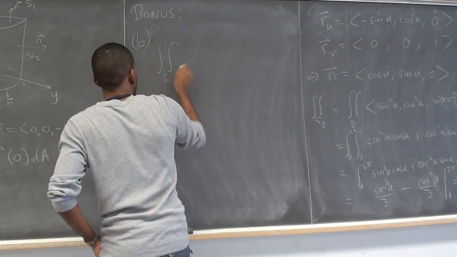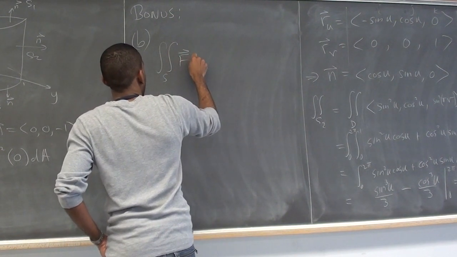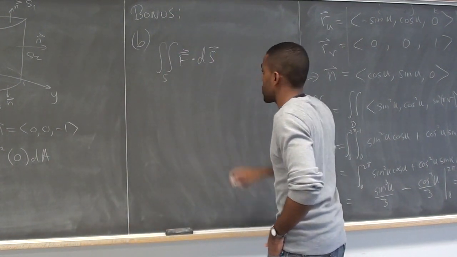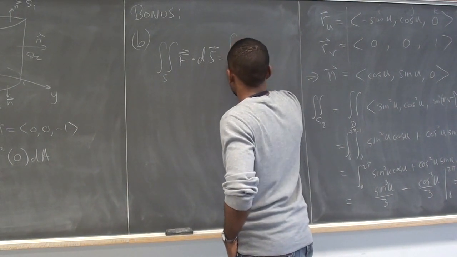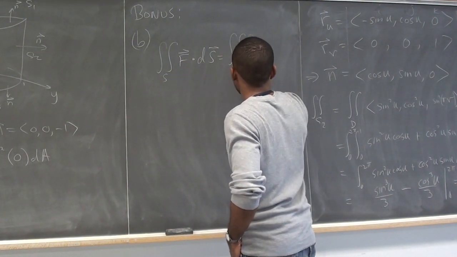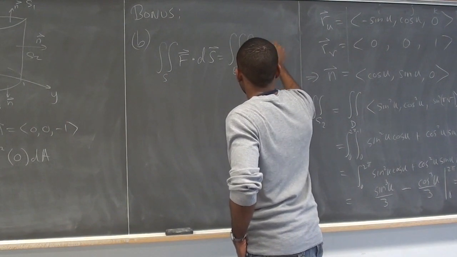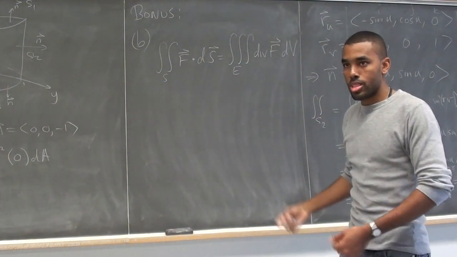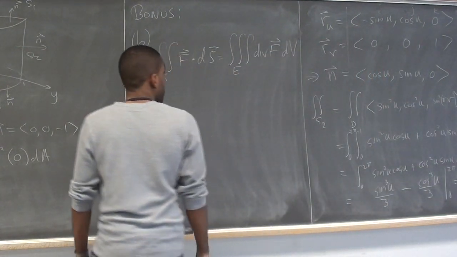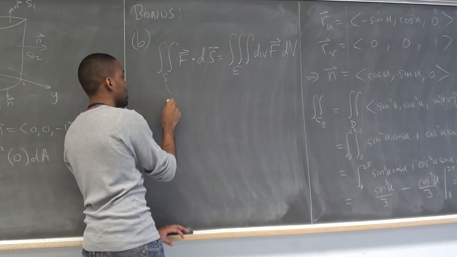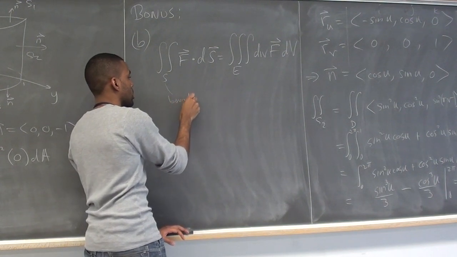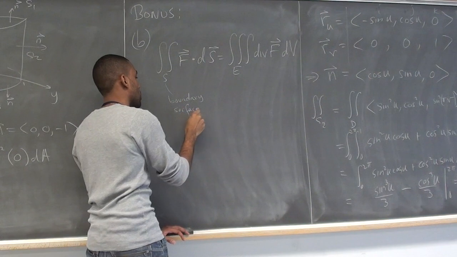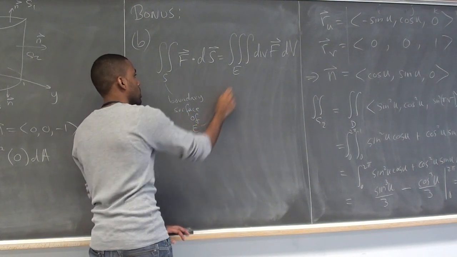The double integral of F dot dS, right? The double surface integral over a vector field is going to be equal to the triple integral over the solid of the divergence of F dV. So that's why I had to teach you about curl and divergence, because you use them in Stokes theorem and divergence theorem. And here, S is the boundary surface of E. Right?